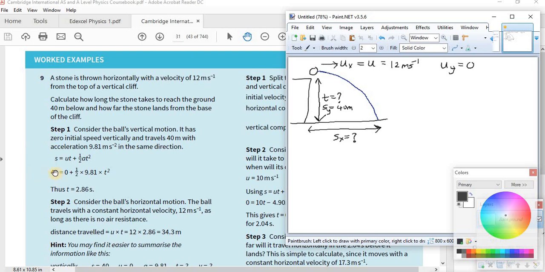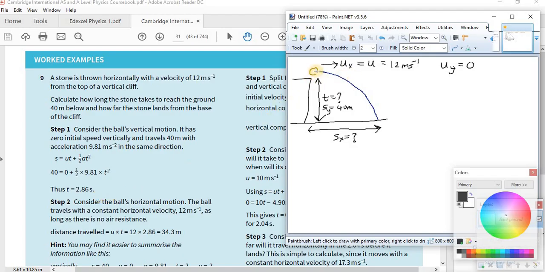Now this is 40 because that is the downward displacement, 40 meters. u is the initial velocity in the vertical direction, that is 0. Then a is again vertically downwards, and since we took down as positive, that is positive 9.81. Then solve for t and you get 2.86 seconds.